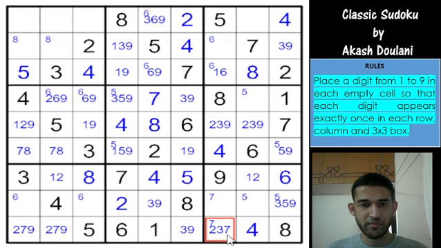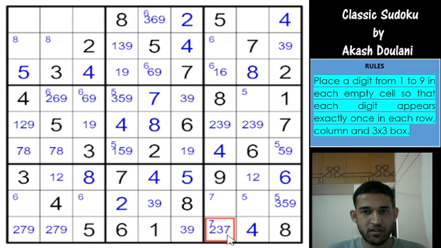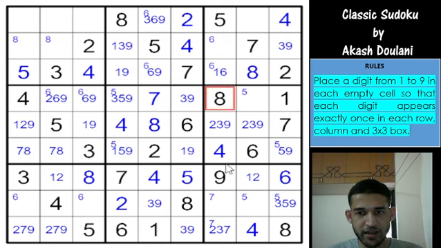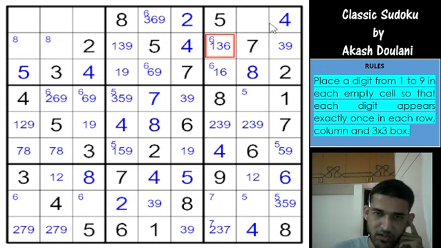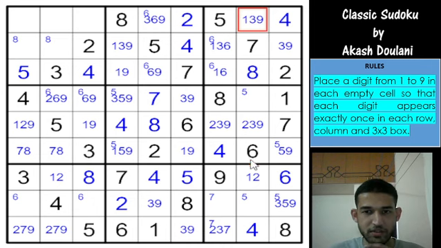Now it seems to have become trickier. Okay, 2, 4, 5, 7, 8 and 9. So this has to be 1, 3, 6. This has to be 1, 3, 9 because of the 6 here.